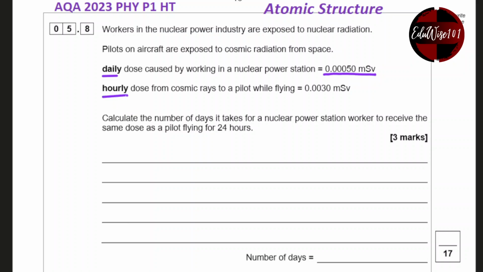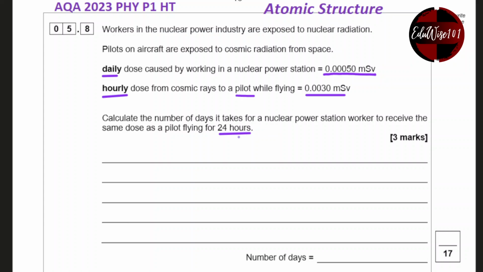Hourly dose from cosmic rays for a pilot while flying is 0.003 millisieverts, which is slightly higher than the daily dose received by the nuclear power station worker. Calculate the number of days it takes for a nuclear power station worker to receive the same dose as a pilot flying 24 hours. Now, a pilot flying for an hour is receiving 0.003 millisieverts.